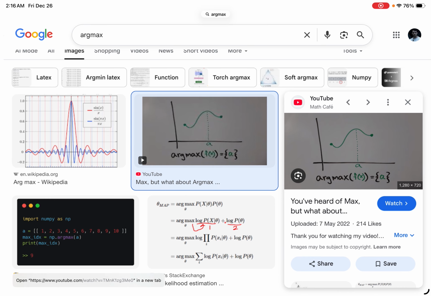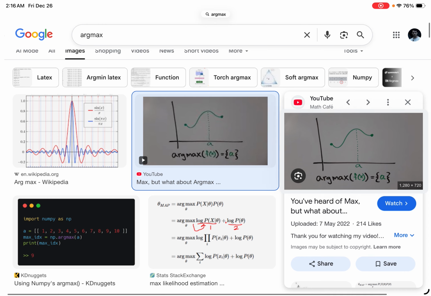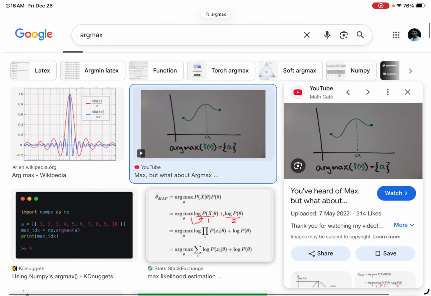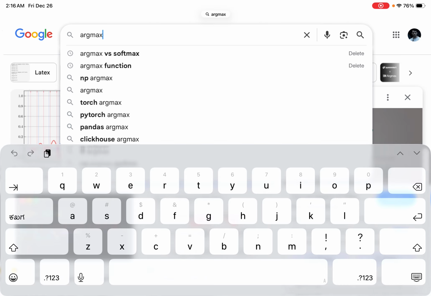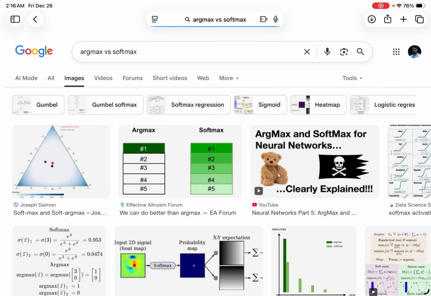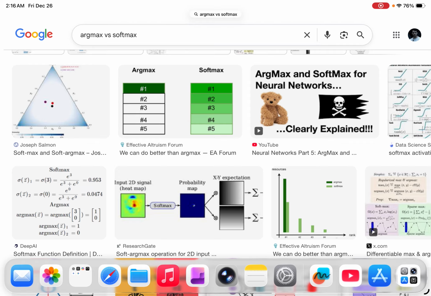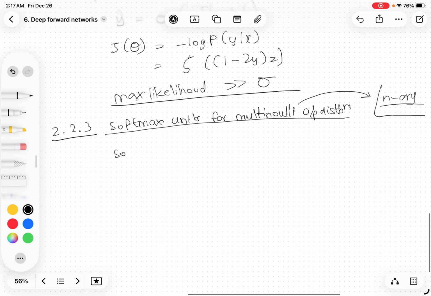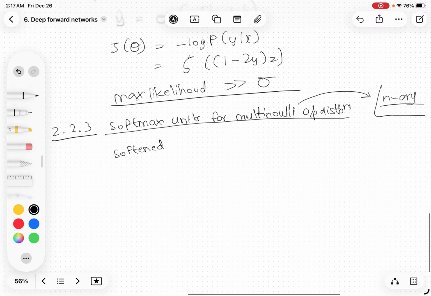So whatever makes this f of x maximum, that input value is the value of the argmax of f of x. Softmax is basically a softened argmax. So don't confuse softmax with the fact that it's named like a maximum function. It's more of a softer argmax, a softened argmax.